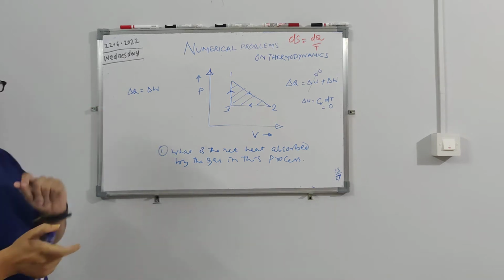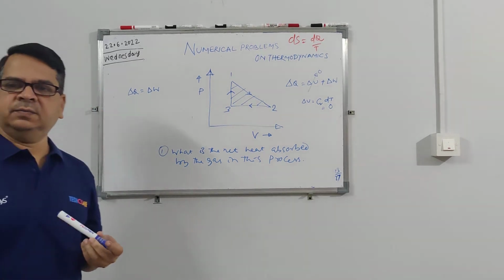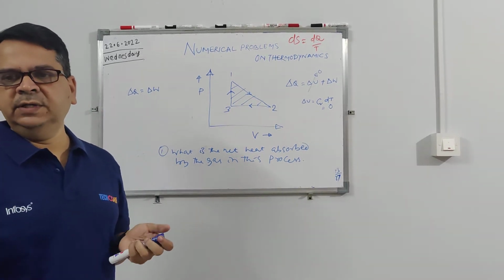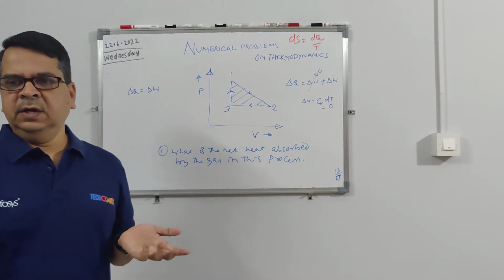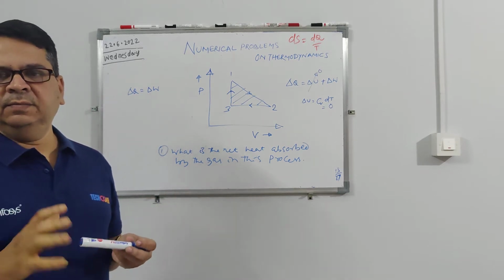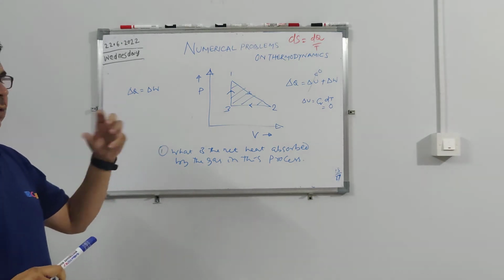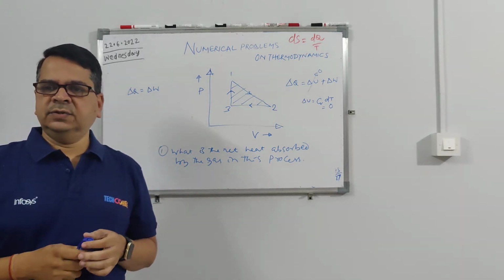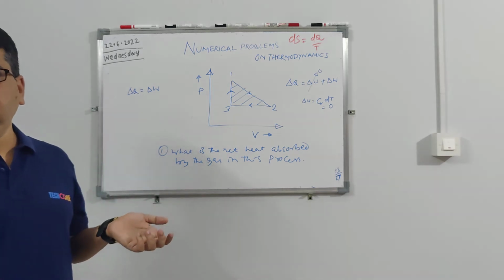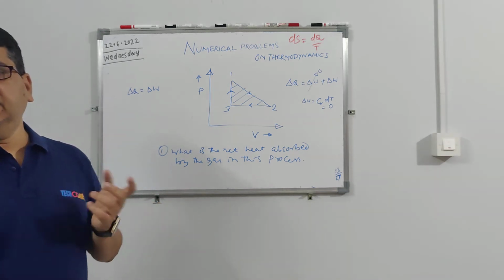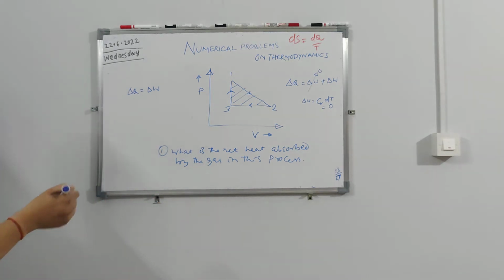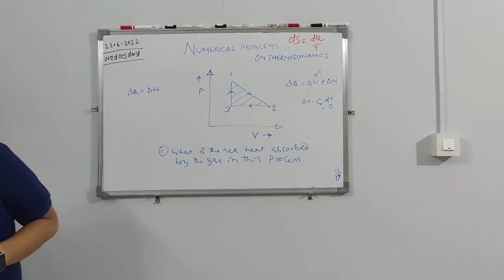So that is the trick here. Instead of work done, P delta V, the area under the PV diagram is the work done, but they have asked heat. That's why the understanding that in a cyclic process there is no internal energy change, so heat is equal to work.